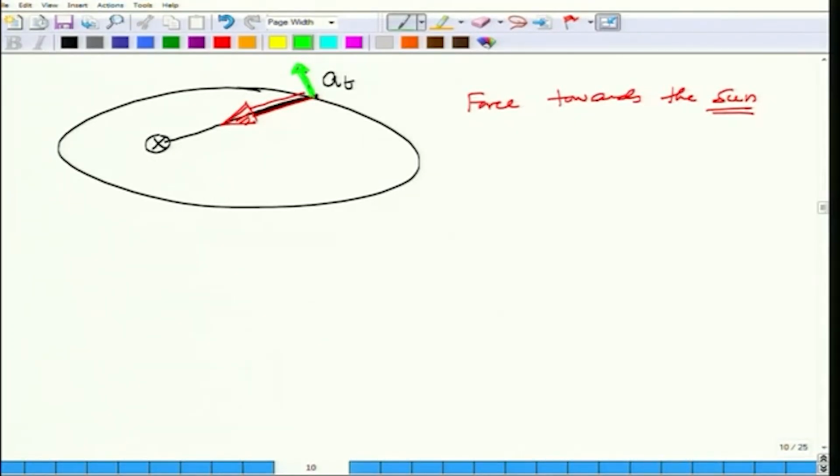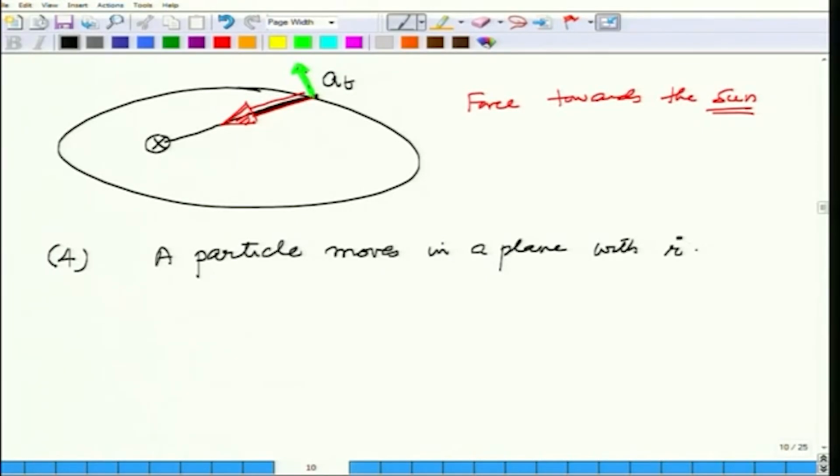Okay. Problem number 4. Problem number 4 says a particle moves in a plane with r dot equals 2t meters per second and phi dot equals 1 radian per second.